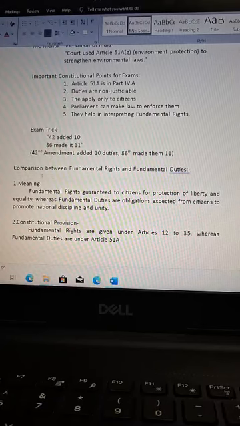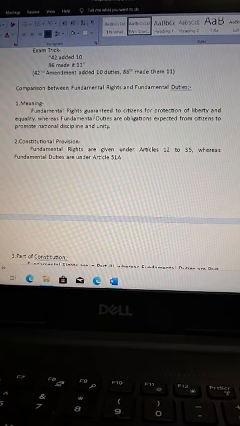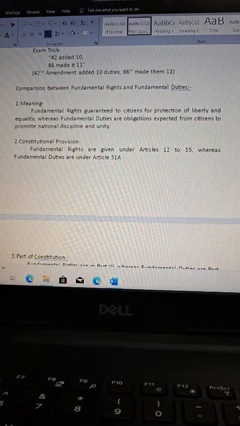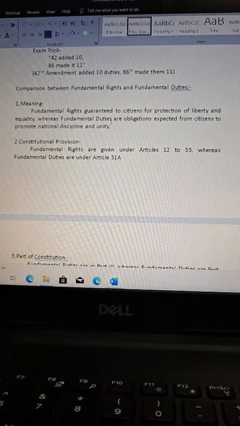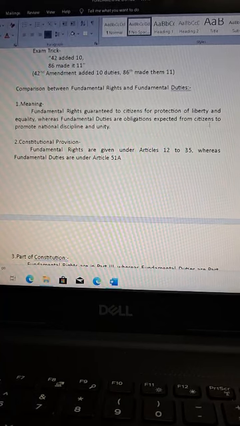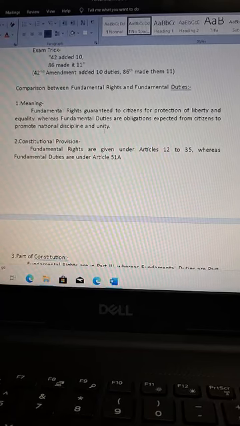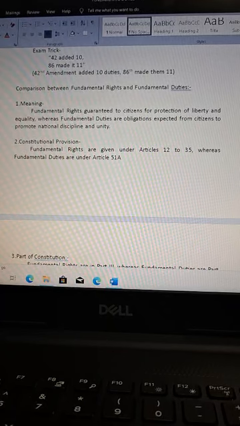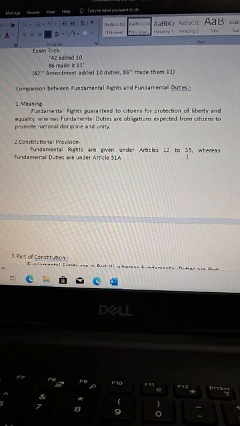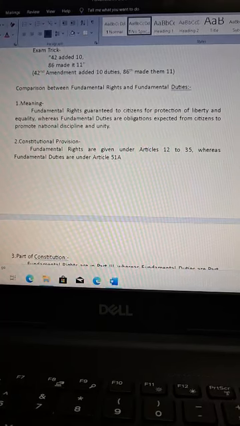Now let's see comparison between fundamental rights and fundamental duties. Number 1, meaning. Fundamental rights are guaranteed to citizens for protection of liberty and equality, whereas fundamental duties are obligations expected from citizens to promote national discipline and unity. Number 2, constitutional provision. Fundamental rights are given under Article 12 to 35, whereas fundamental duties are under Article 51A.